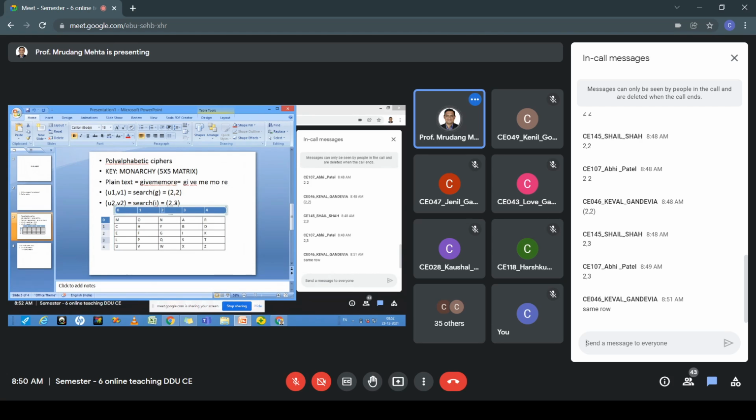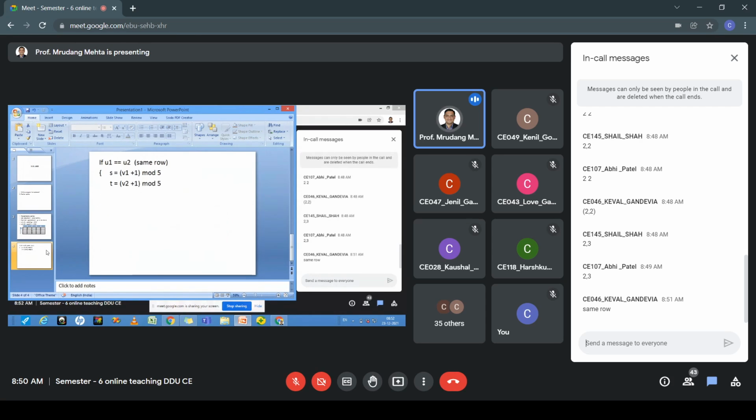So V2 is 3. The encrypted value is 3 plus 1, that is 4, right? So that is going to be the replacement. So the encrypted text for GI is going to be IK.